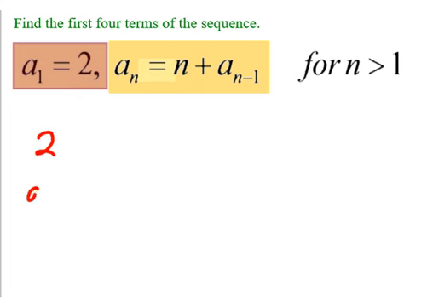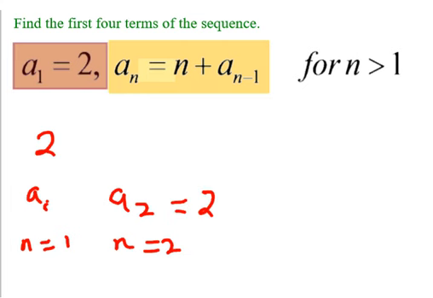Okay, so in this one, our very first number in our list is 2, right? That's our a sub 1. That's what we get when n is 1. When n is 2, that's going to give me a sub 2. And what do I do? Well, I take n, which is 2, and I add a1. Well, a1 was 2. So basically, I'm doing 2 plus 2, and my second term is now 4.